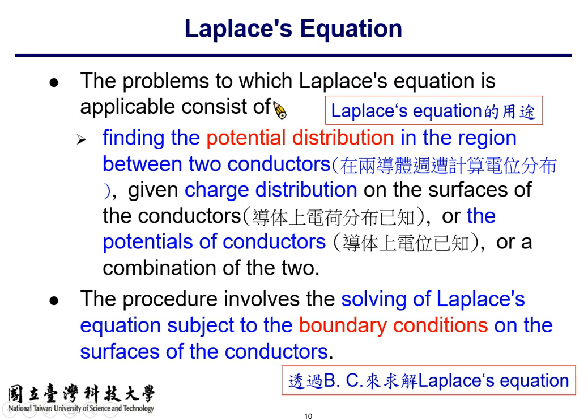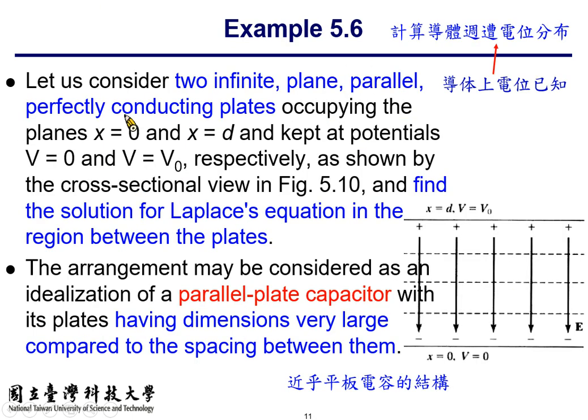So of course we will apply the boundary condition to solve this kind of problem. Okay, so now let's look into example 5.6, which comprises two infinite plane parallel perfect conducting plates occupying two planes.